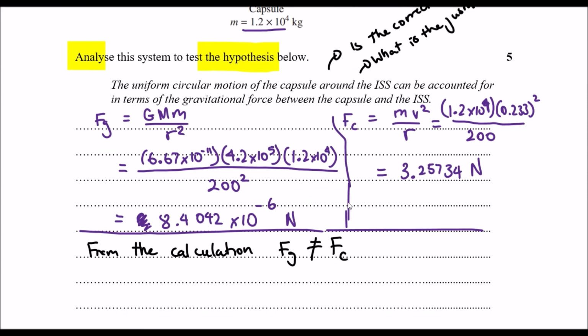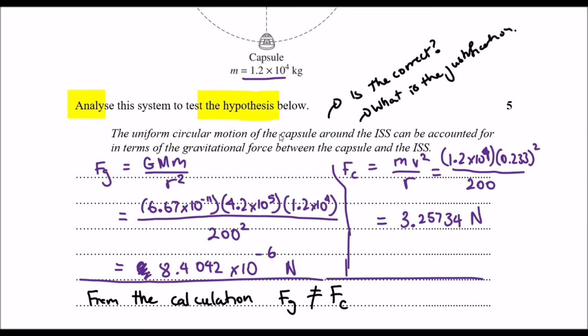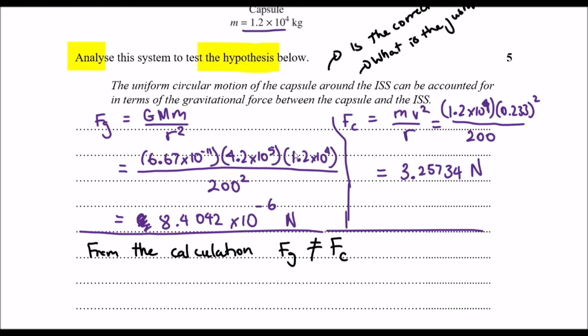So what is the significance of this? Well, in this actual hypothesis, it says the uniform circular motion of the capsule around the ISS can be accounted for in terms of the gravitational force between the capsule and the ISS.